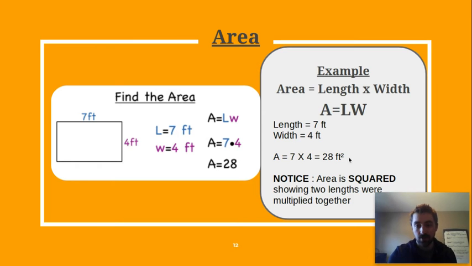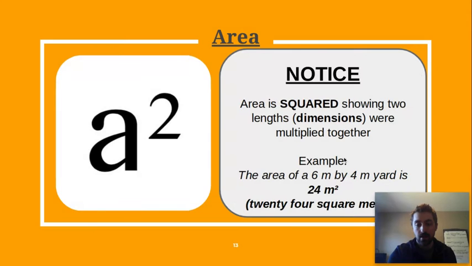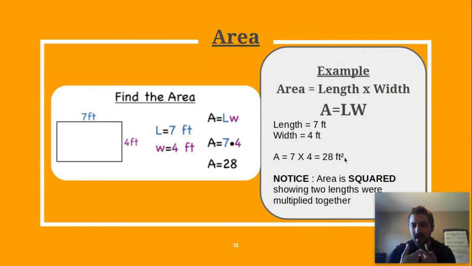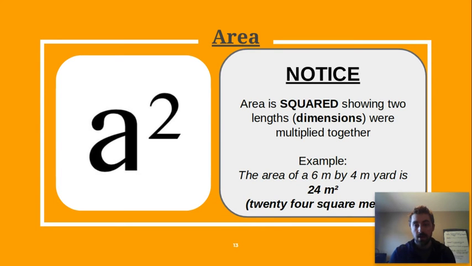Now that's what I want to show right here. Notice that the area is squared, showing that two lengths were multiplied together. That is two dimensions, okay? That's how we show it. When we go to volume, it's cubed, because that shows a 3, that we use 3 dimensions multiplied together.